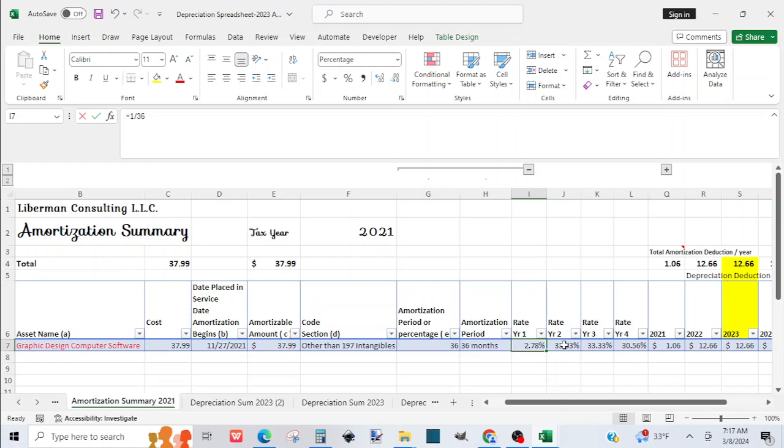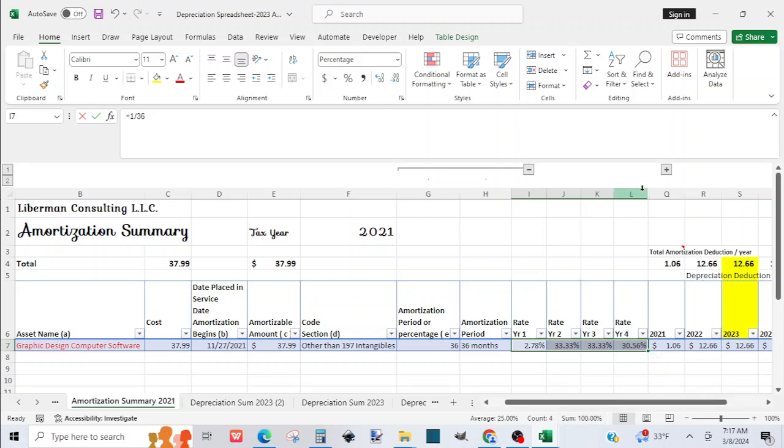So the second year is going to be 12 divided by 180, and you'll be doing that for the 15 years, and the amortization deduction will calculate based on those rates that you did. But just make sure that when you total your rates, it gives you 100%.